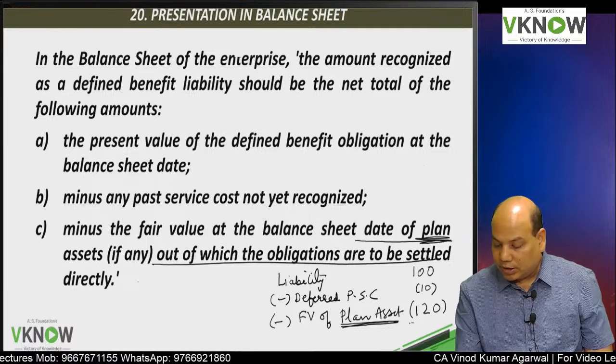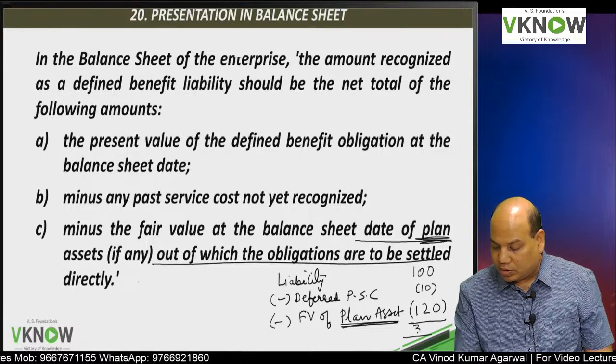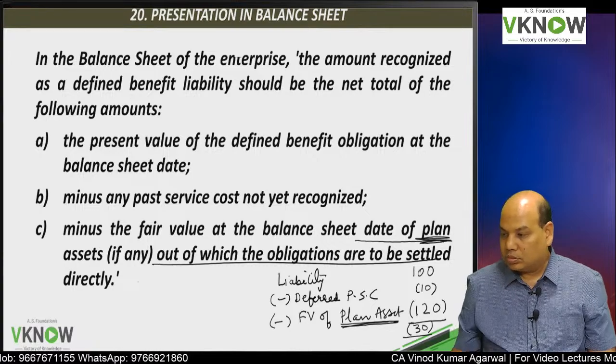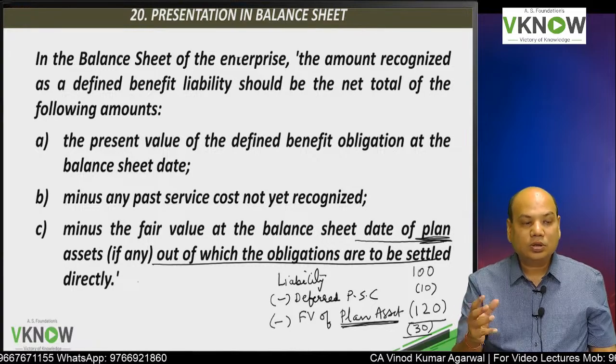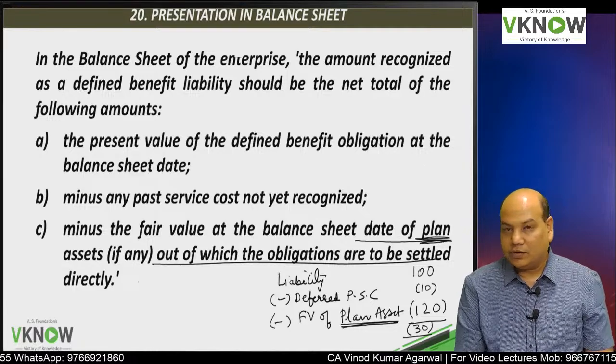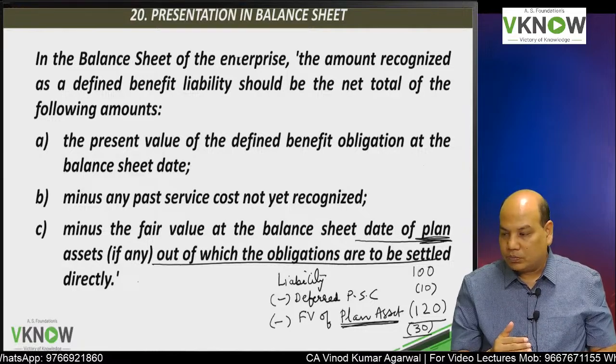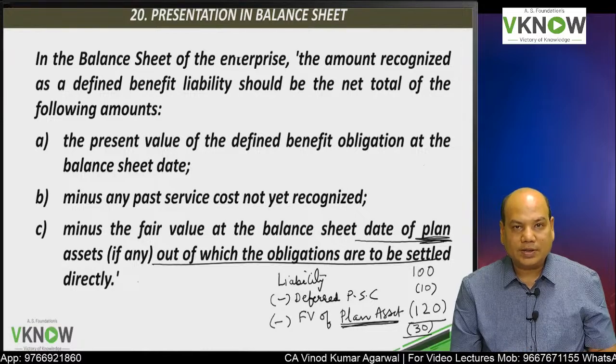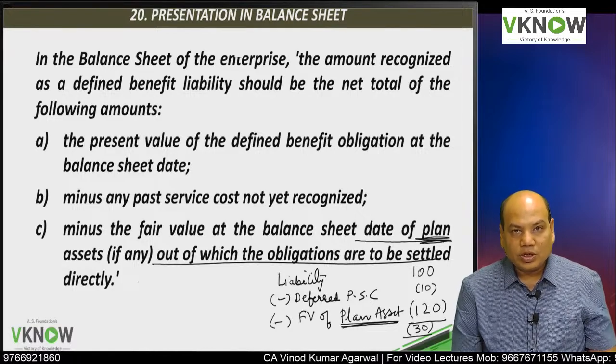So my net liability will be now minus 30. Liability is negative. The reason is the fair value of the plan asset is more than the liability.